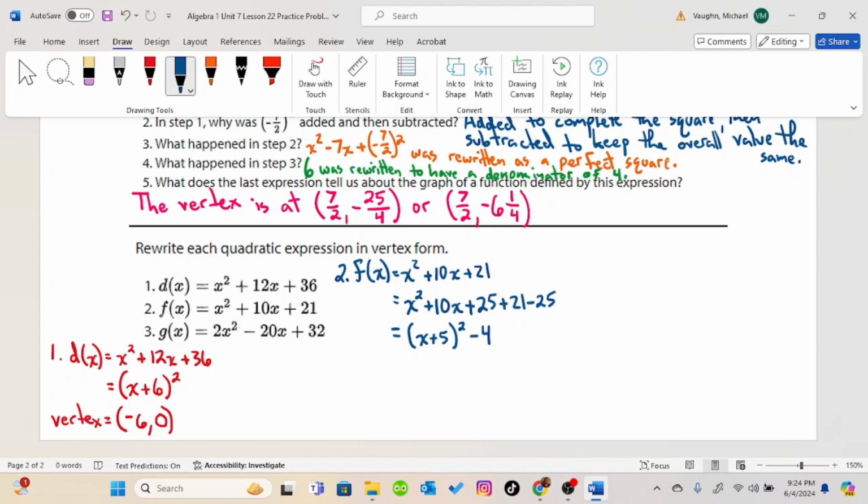Now we have vertex form, and our vertex is at the opposite of what's in parentheses, so -5, and exactly what's outside parentheses at -4.